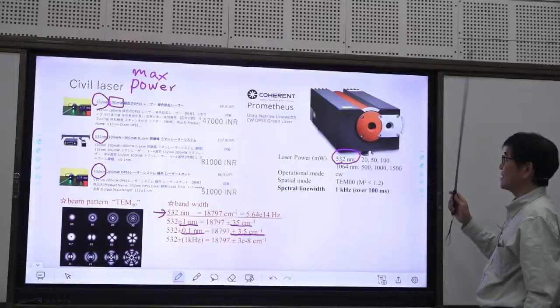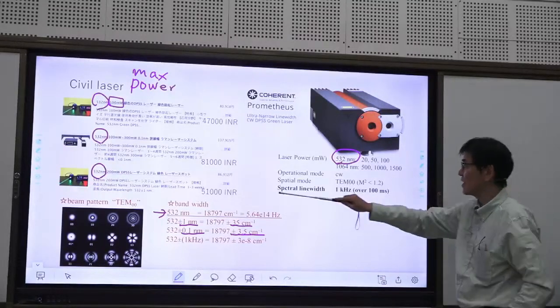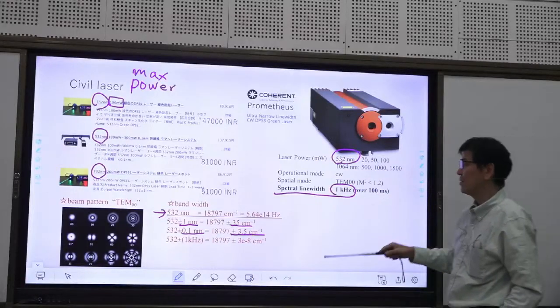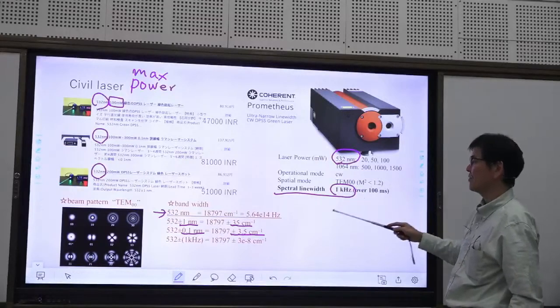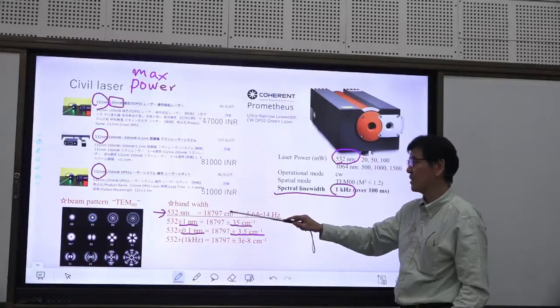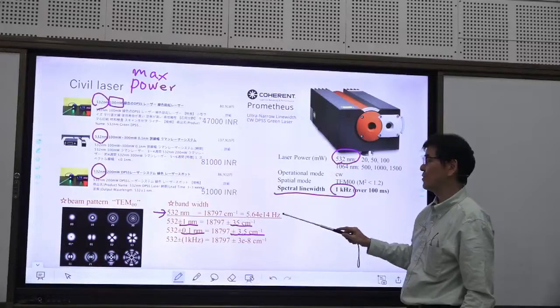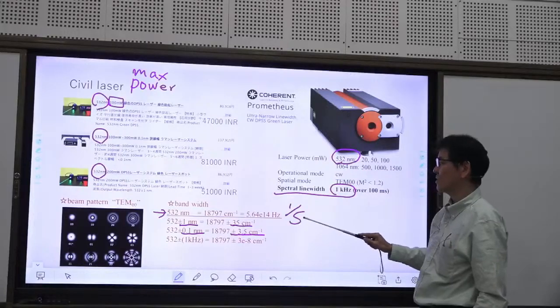When you purchase such a very nice one, spectral line width is 1 kilohertz. Okay, 1 kilohertz looks different from wave number. But wave number is the number of waves in 1 centimeter, and it is convertible with the unit frequency hertz, number of waves in 1 second.